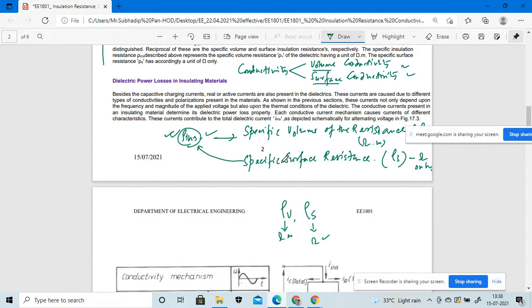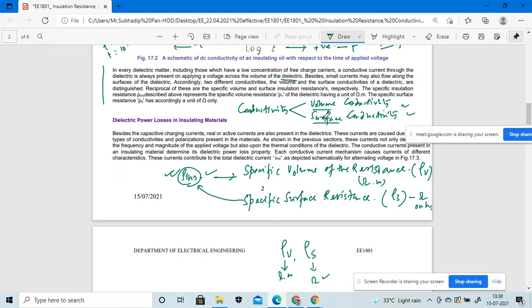So for the specific values of the conductivity, depending upon the surface integral and the volume integral, we are dividing the conductivity into two different parts: one is the volume conductivity, another is the surface conductivity. The specific insulation resistance depends upon both the specific volume resistance as well as the specific surface resistance, which has the unit of ohm, right?